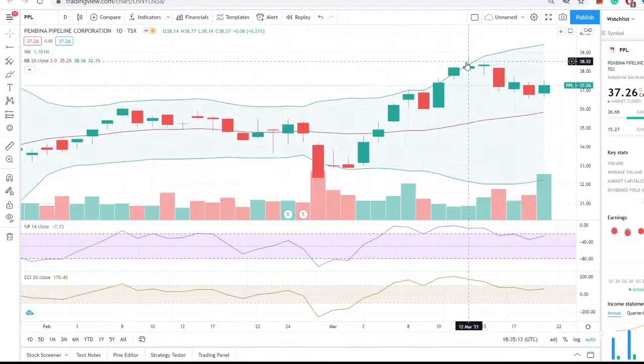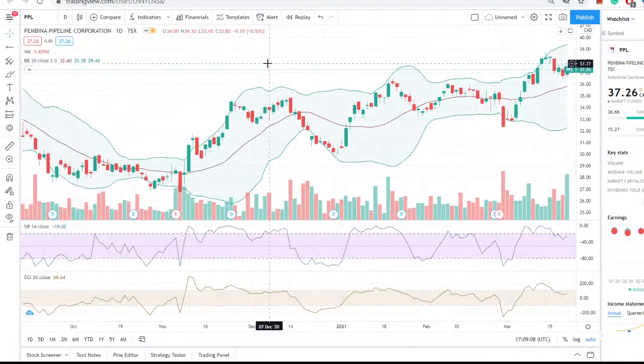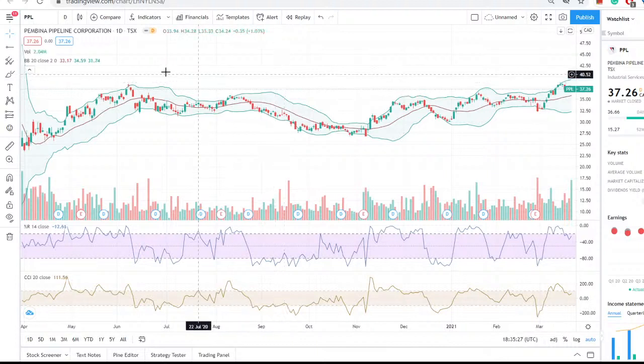If you zoom out on the long term chart, you will realize that the resistance is happening at 38.50 or 38.30. Yeah, here, 38.50 was the resistance. Correct.